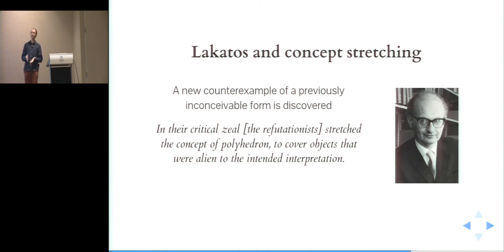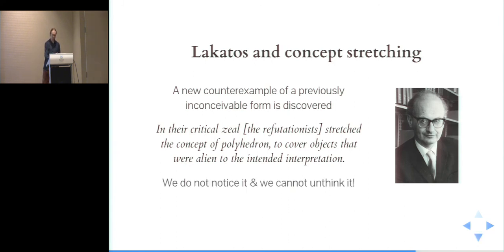polyhedra without any holes in them, and say, well, actually, if you have a hole through it, it's still a polyhedra. It sort of matches the definition, but it's an example that nobody ever found reasonable. So they're stretching the concept by adding something that kind of fits there, but only once you actually see it.